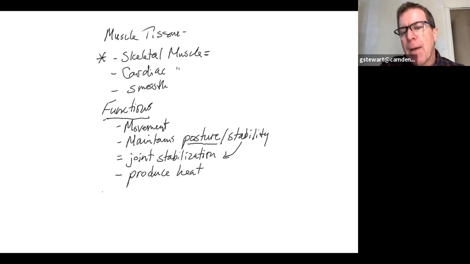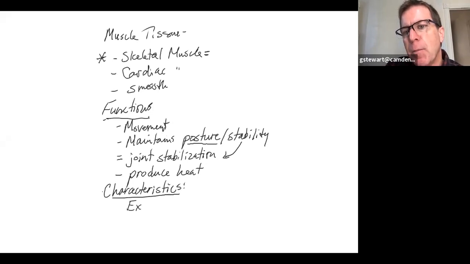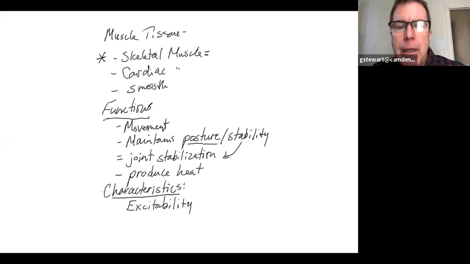A brief synopsis of general characteristics of muscle tissue. Almost all muscle tissues have the characteristic of excitability. And what that word means in A&P context is the muscle cells themselves have the ability to generate an electrical impulse, some sort of electrical activity.